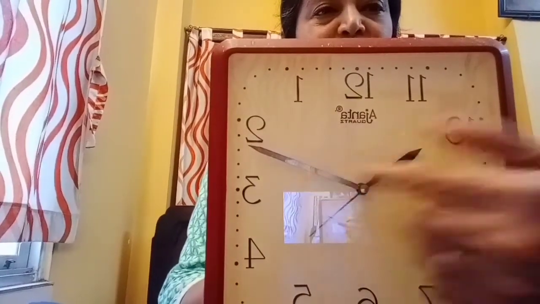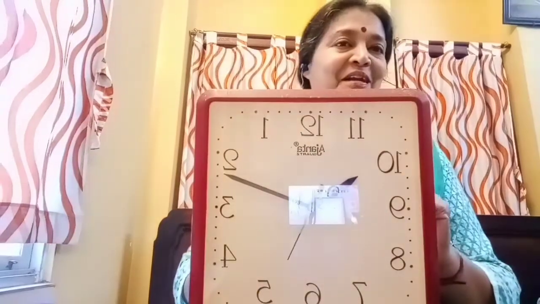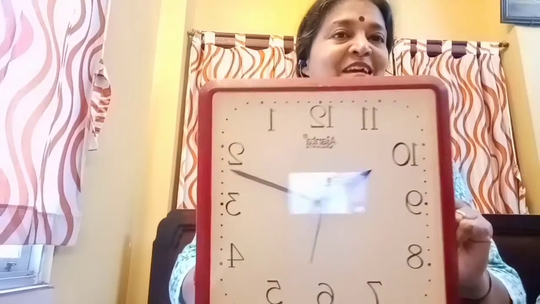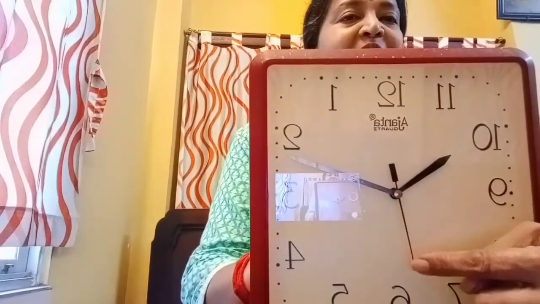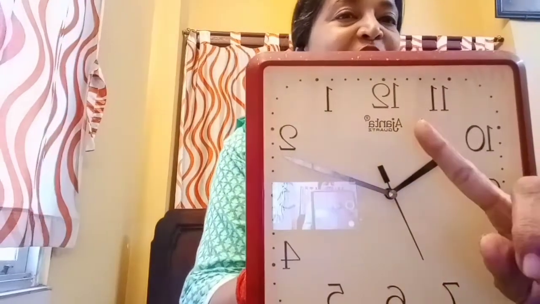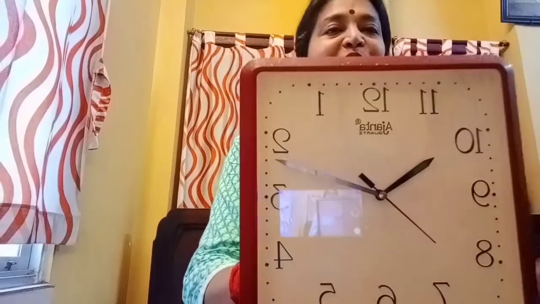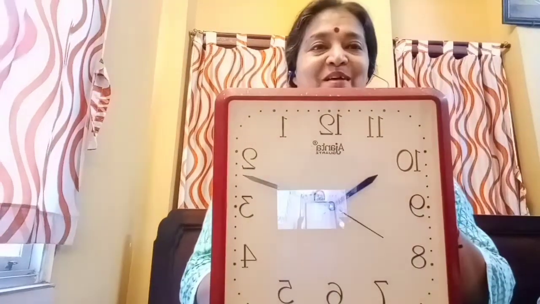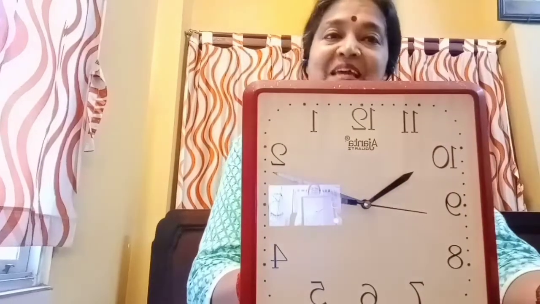Apart from these two hands, there is one naughty hand, like you. Like you people in the class never sit quietly. On the face of the clock, you can see one slim hand which never stops. All the time rotating. It can't sit in one place. This hand is called the seconds hand.